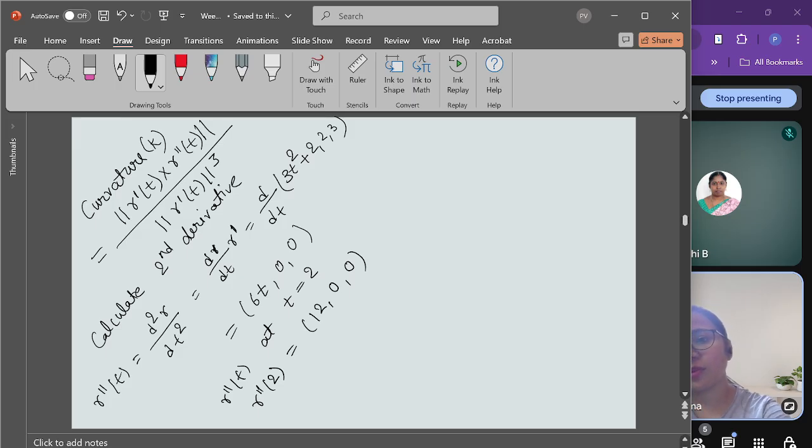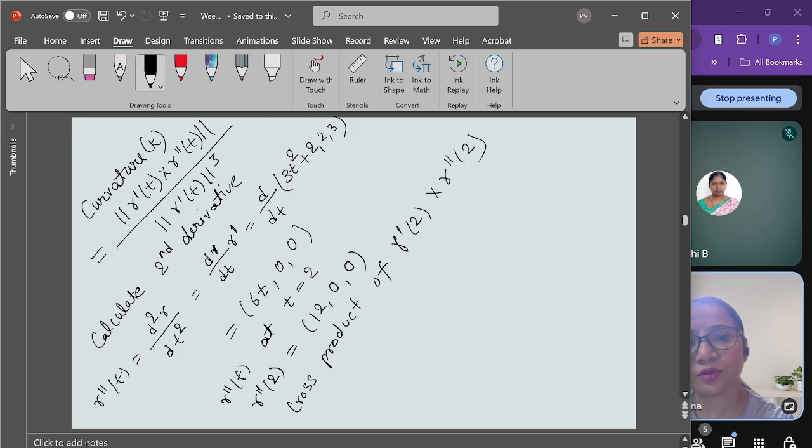Now, from the formula, we have to calculate the cross product of the first derivative and the second derivative. So for this, we are calculating the cross product of r dash 2 and r double dash 2.